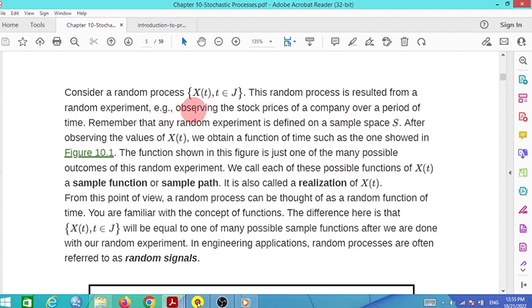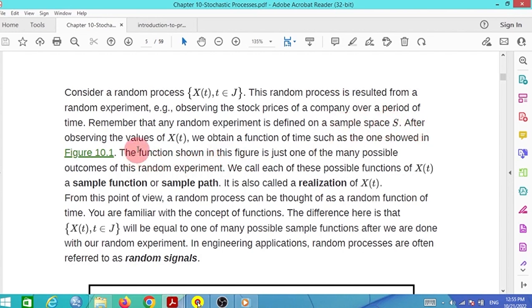For example, observe the stock price of a company over a period of time. Remember that any random experiment is defined on a sample space S. Come back to the previous chapter and learn the definition of sample space.